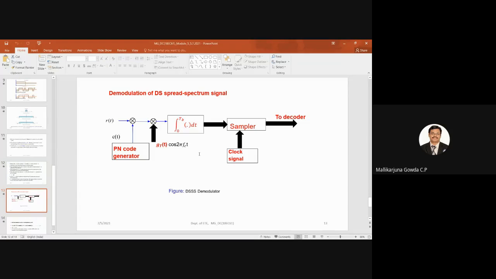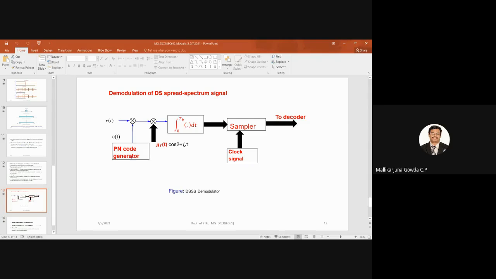So similarly, the reception side. What we need to do as a first step at the receiver side is de-spread the signal, right? At the transmitter side, we spread the information signal and then modulate, then transmit over the channel. So the first step at the receiver side is to de-spread the signal. R of t is the received signal, that needs to be multiplied by the pseudo-noise sequence.